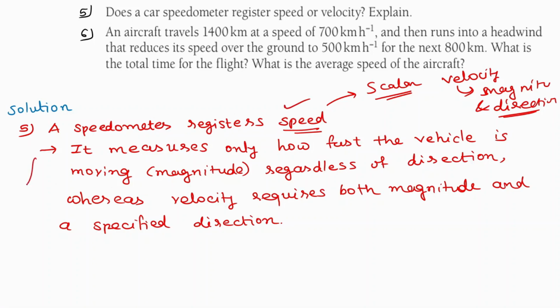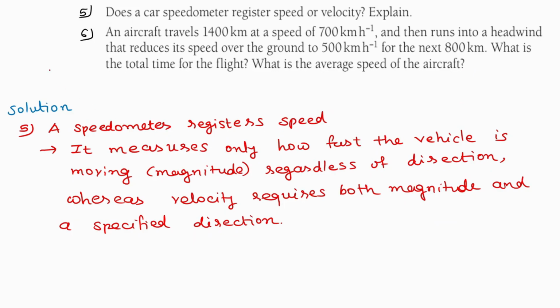So you can easily say the speedometer gives the speed. Here I mentioned the reason behind it. It measures only how fast the vehicle is moving, meaning magnitude, regardless of the direction, whereas velocity requires both magnitude and the specified direction. I hope you understand question number five. Now we move forward. Question number six says an aircraft travels 1400 kilometer at a speed of 700 kilometer per hour.